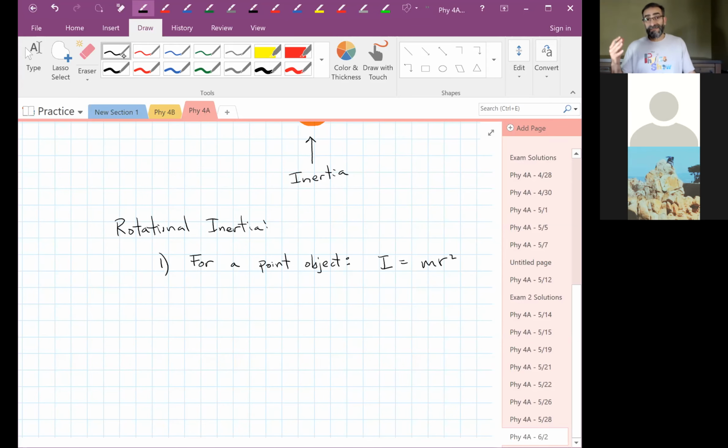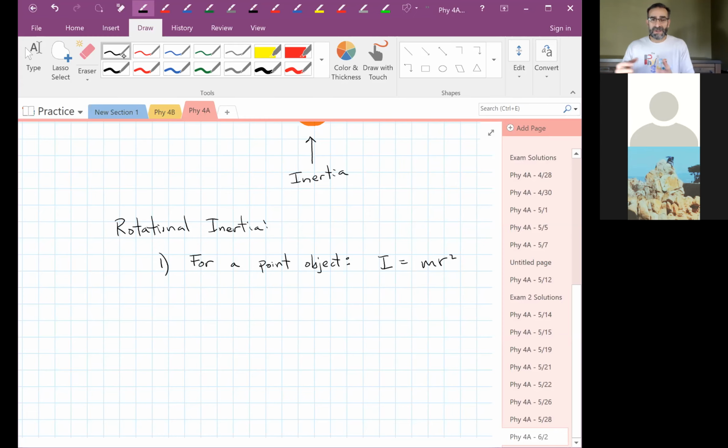But we can have multiple point objects, right? We can have more than one object in our system, and we might want to know what the total rotational inertia is. Just like when you pull your wagon, you might have a basketball in there, a friend sitting in the wagon, a brick, whatever. Well, how do you get the total inertia of the wagon? You add it all up, right?